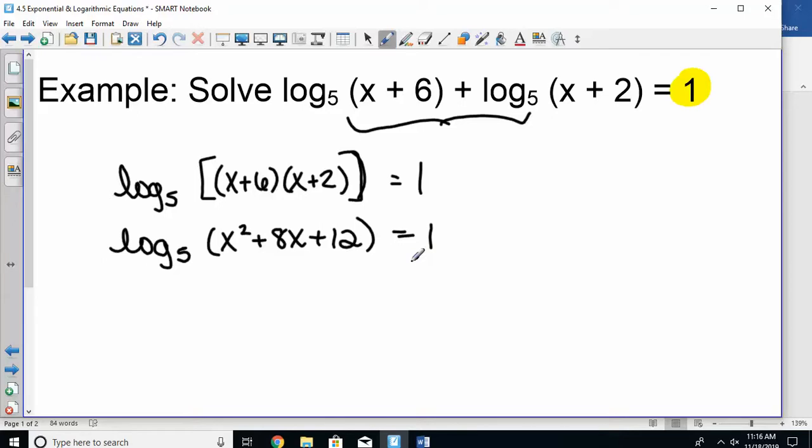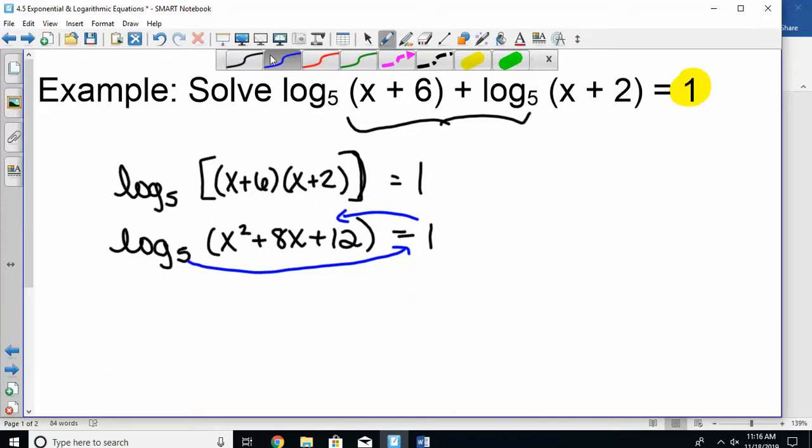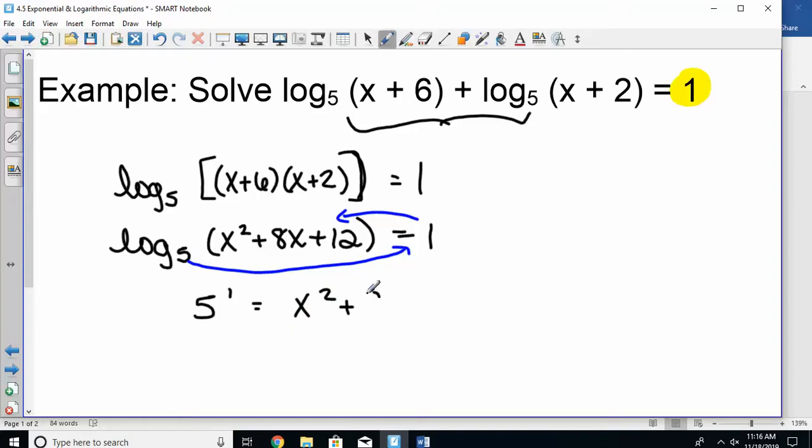What else could I do? Go back to your definition. Can't we change that to exponential form? So this means 5 to the first power equals x squared plus 8x plus 12.